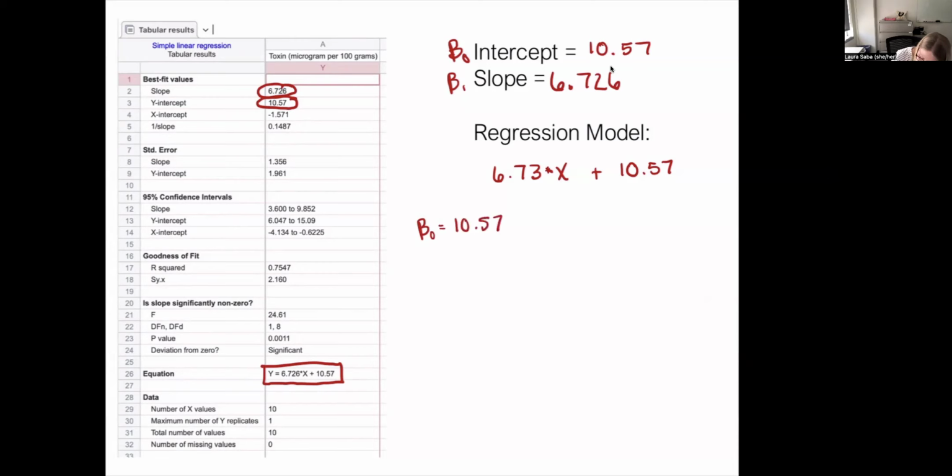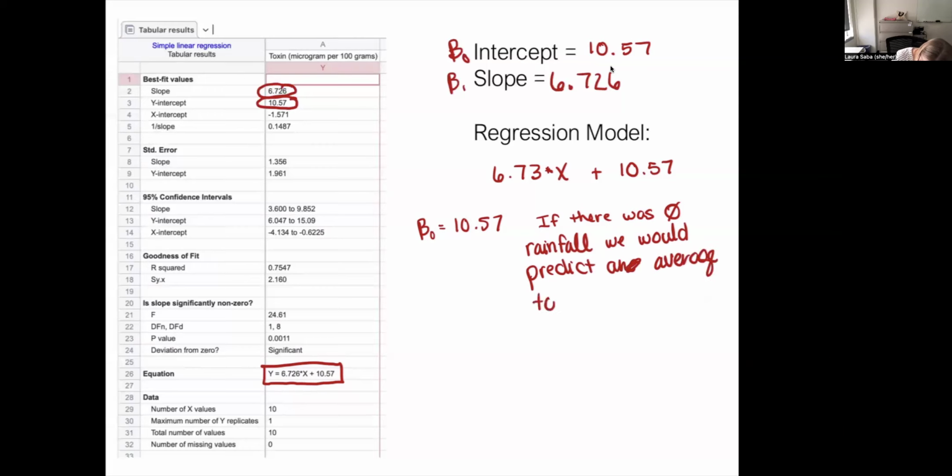So if there was 0 rainfall, we would predict an average toxin concentration of 10.57.